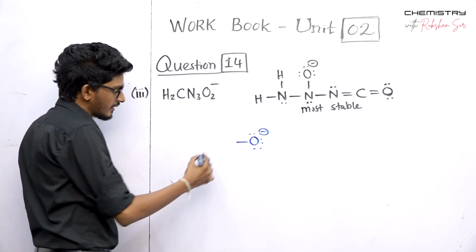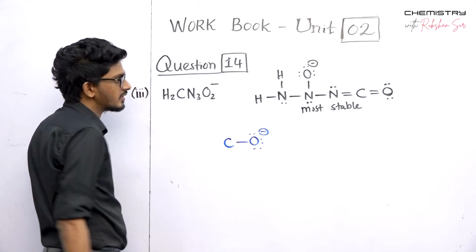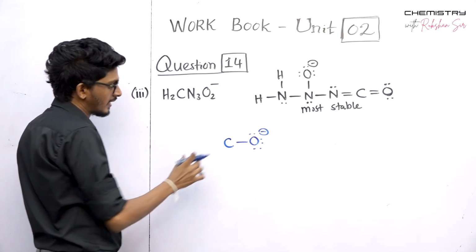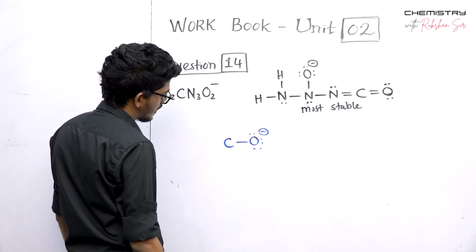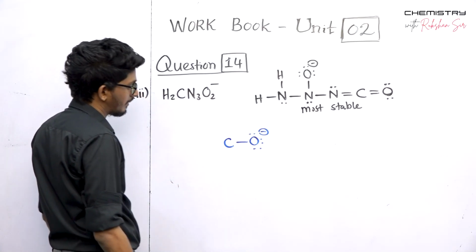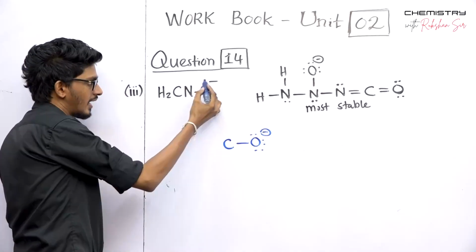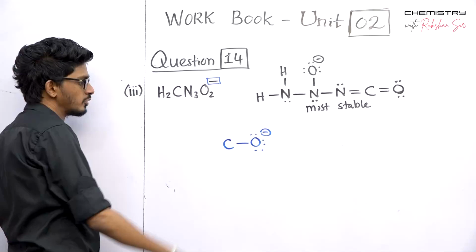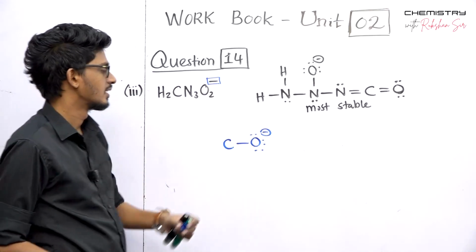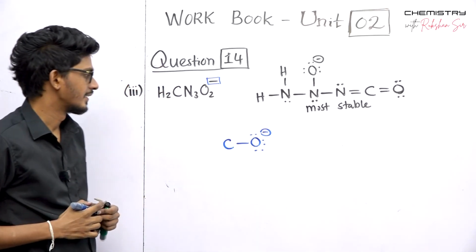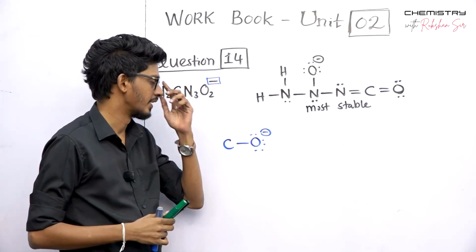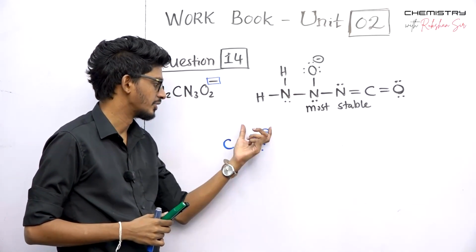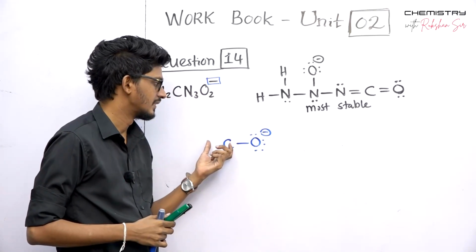Then carbon. Carbon carrying 4 bonds will be neutral. I have given the negative charge here, so I am trying to put all the other atoms at a 0 charge, a neutral position.